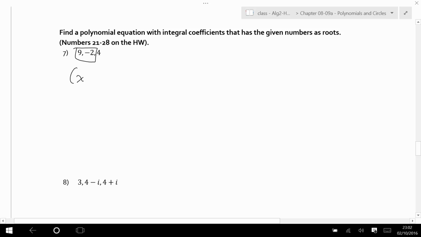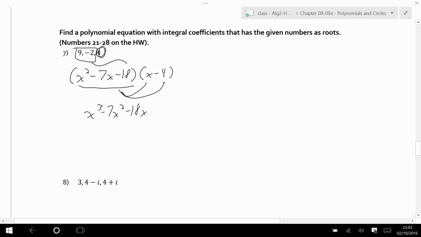I know that if I do x squared minus the sum, which is 7, so minus 7x, plus the product, which is negative 18, so minus 18. And then I'm just going to take this one and make that the x minus 4. That lets me speed it up a little bit. But I still need to multiply, so I get x cubed minus 7x squared minus 18x.